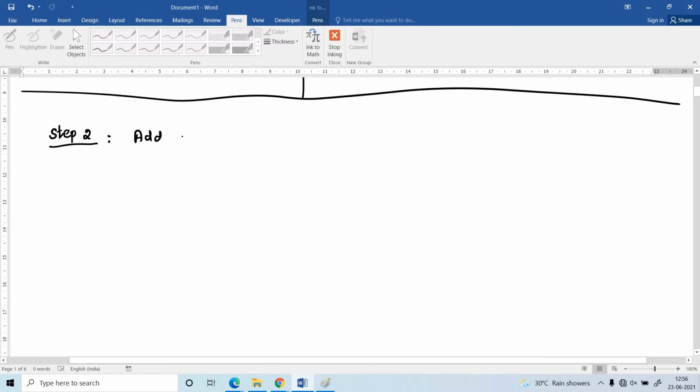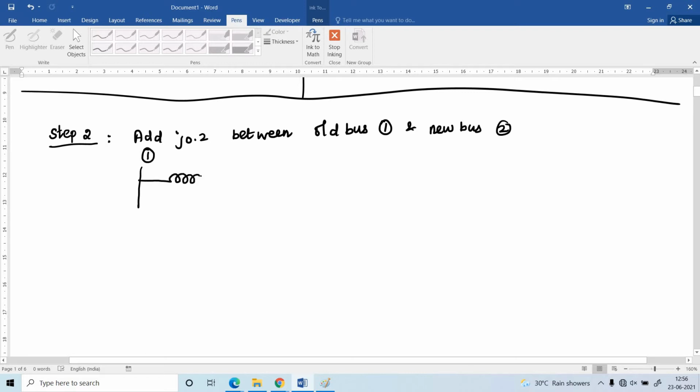Add J0.2 between old bus 1 and new bus 2. I have to redraw the diagram. Here this is bus number 1 and this is bus number 2. The impedance is J0.2.